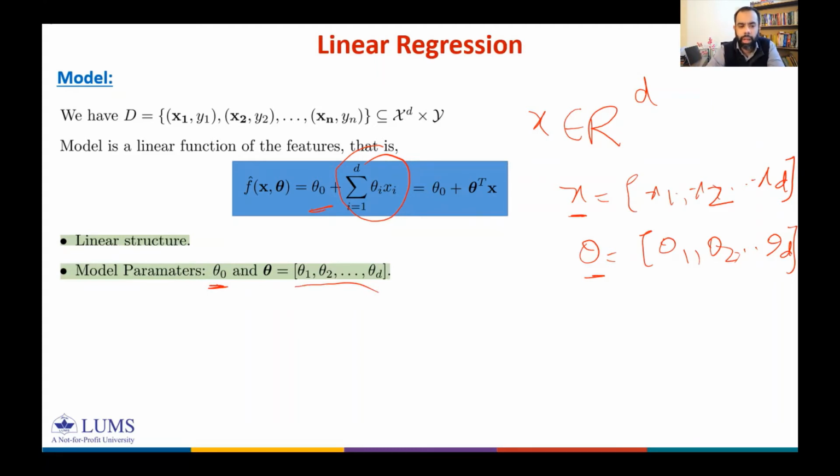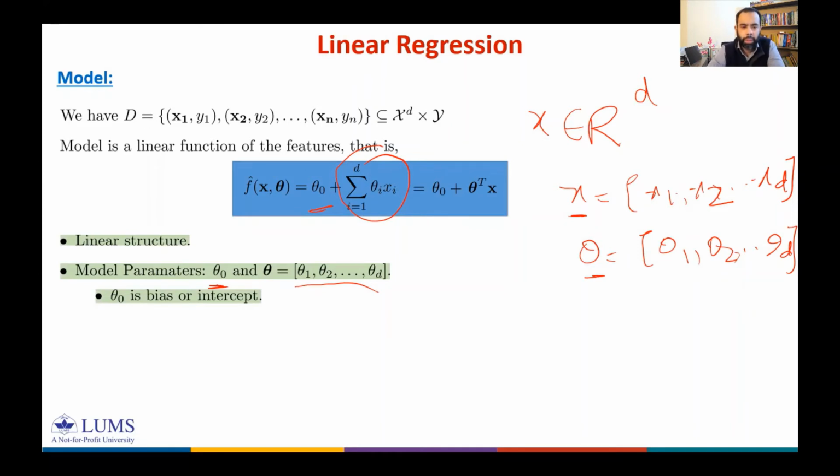So what is the interpretation of theta naught? If you see, theta naught is not scaling, it is simply adding to the linear combination of the inputs. So we say theta naught is a bias, or you can call it intercept, or offset. There are different names given to it.